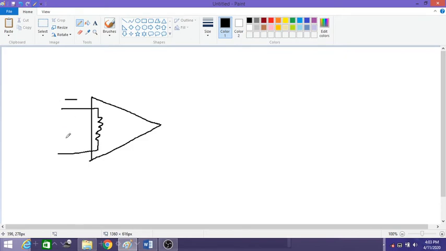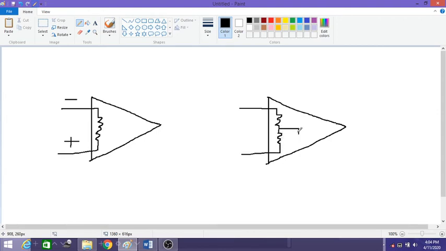This is the inverting and this is the non-inverting terminal, and let me draw one more representation here, with the two resistances and this one grounded.